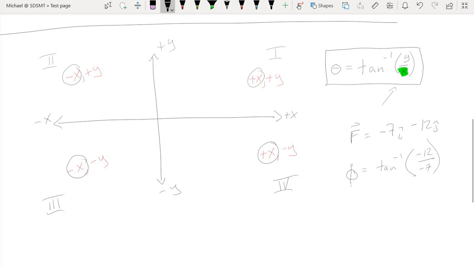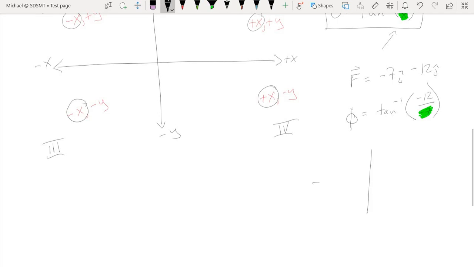Now those minus signs, they are going to factor out, but before you do that, look at what you have in the denominator. You have an x component that is negative, and so you will have to begin your angle measurements from the negative x-axis.